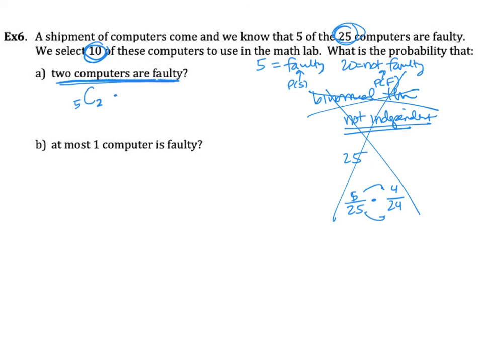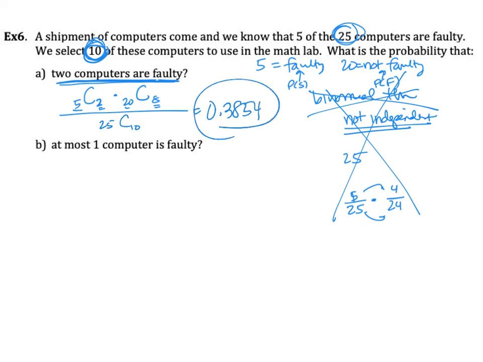No. There are 20 computers that are not faulty, and of the 10, 8 are not going to be faulty. So we have 2 faulty from 5, 8 not faulty from 20, and then there are 25 computers altogether, and we're selecting 10 of them. So you should have gotten 0.3854.